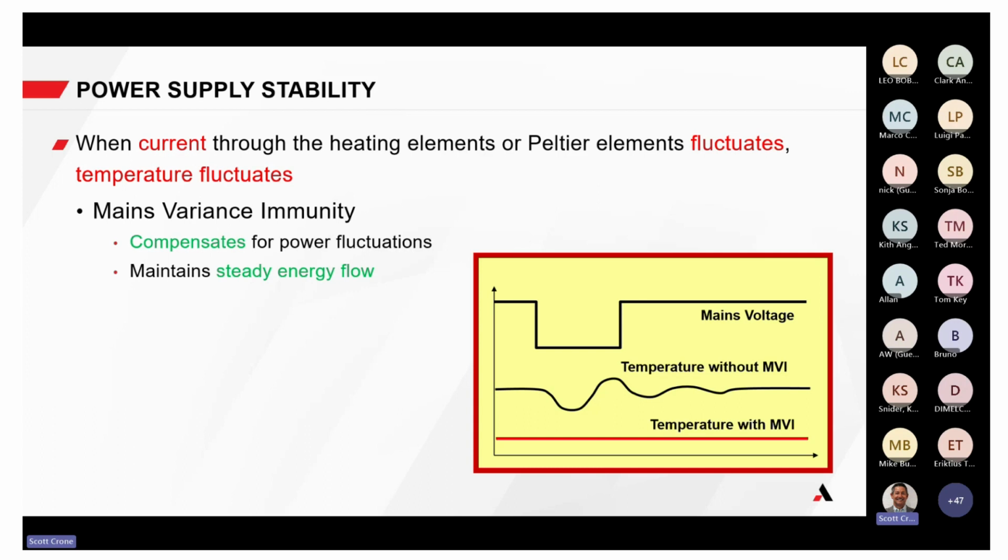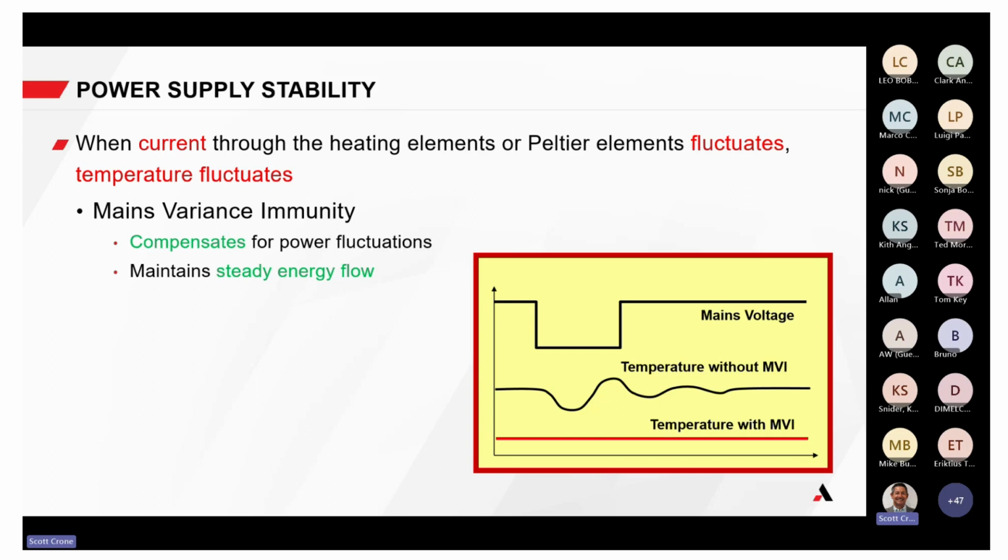And what would happen is that when that grid power would cycle, it would cause instability in the dry block. When you cause instability, now you've got to wait for the block to come back to a stable temperature. And when it takes time to do that, you could end up with an endless cycle of things turning on and off and it going unstable.